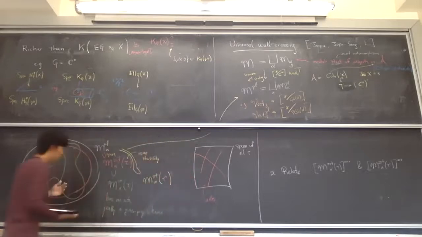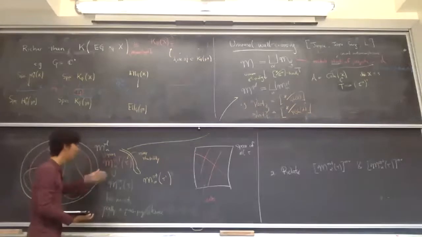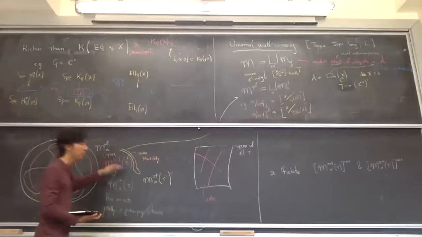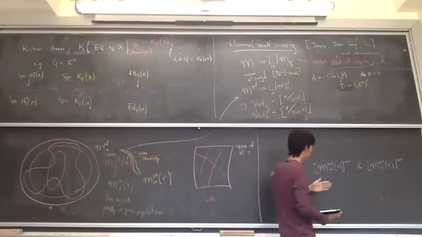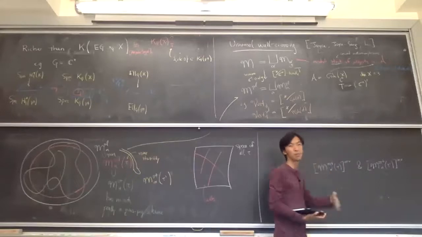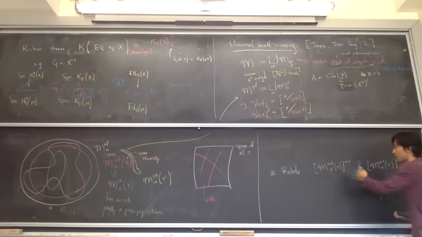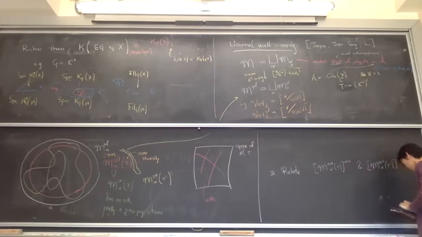So the moral of the story is if you want to understand wall crossing for stable loci, you're forced to also understand what happens for the semi-stable loci in general. And so the philosophy is that if that's forced upon you, you should just start with the entire semi-stable loci anyways. Okay. And for various tau, maybe for generic tau and alpha, it will turn out that there are no strictly semi-stables, and this really is the stable locus. But for special things, maybe this is something bigger.